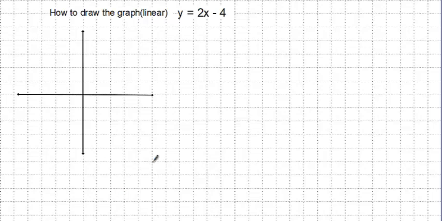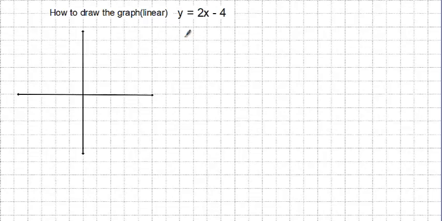Now I'm going to remind you about drawing the linear graph. How to draw the linear graph? Let's take y equals 2x minus 4. How to draw this one? For drawing linear graphs, we have to find 2 points on the line.